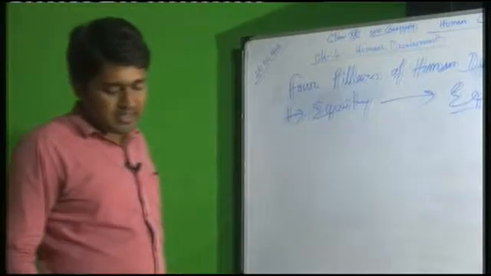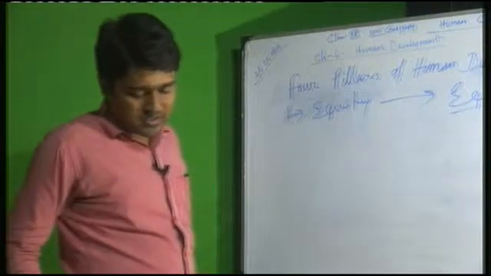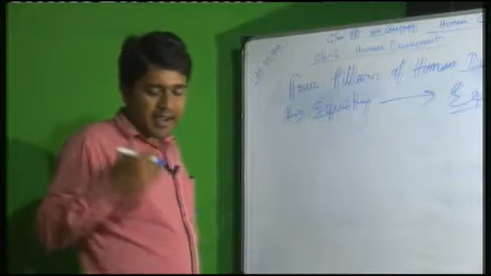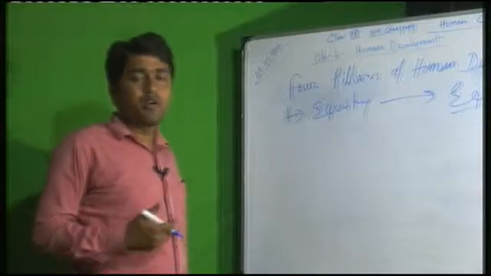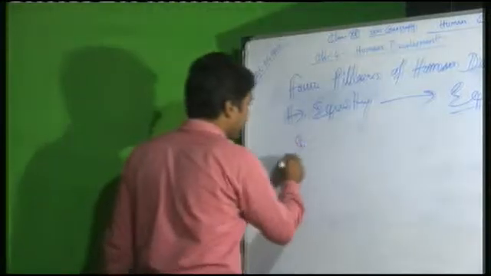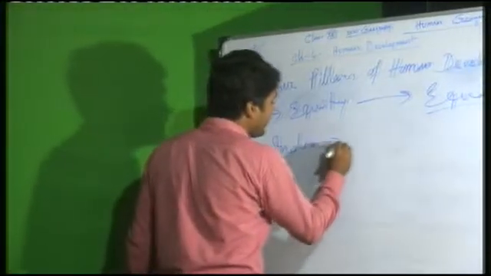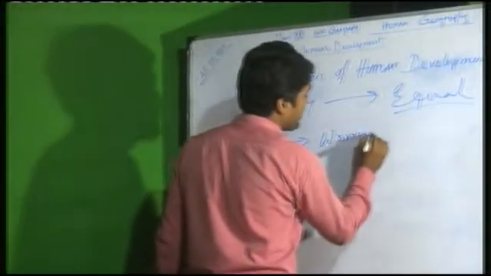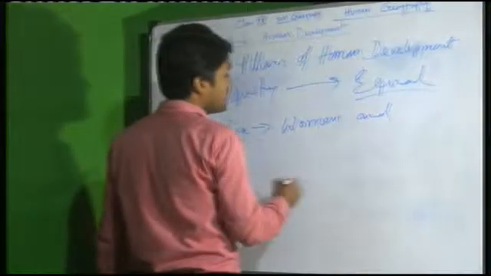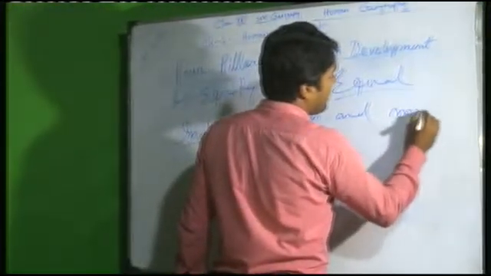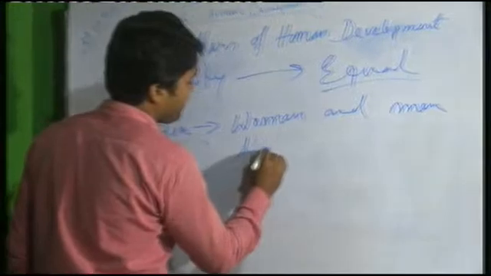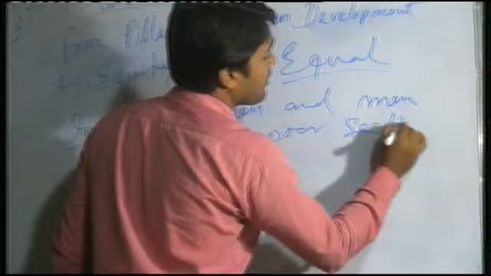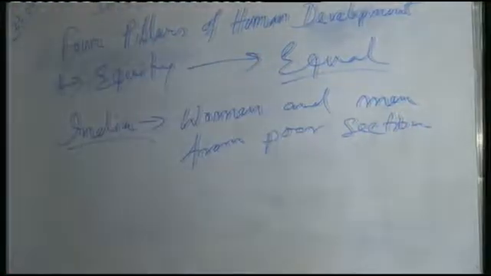Now this should lead to an understanding of the reason for such behavior. In India, a large number of women and persons belonging to socially and economically backward groups drop out of school. In the Indian context you will see that among women and men from the poor section, the number of school dropouts is very high.